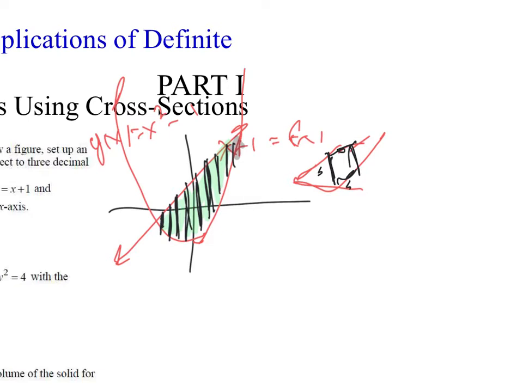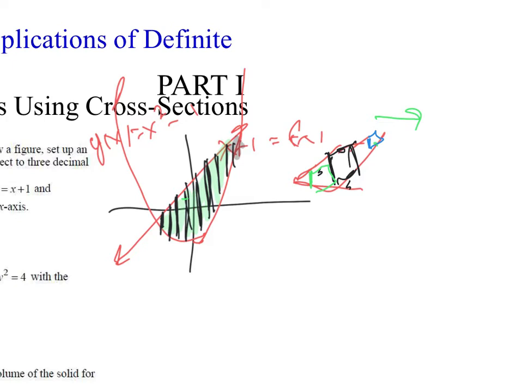If I do another square closer to this tip, that's going to be a smaller square. Then one that's bigger than this one, but it's still a square. So imagine a whole bunch of these coming straight up. And looking straight down, I just see the tops of those squares.